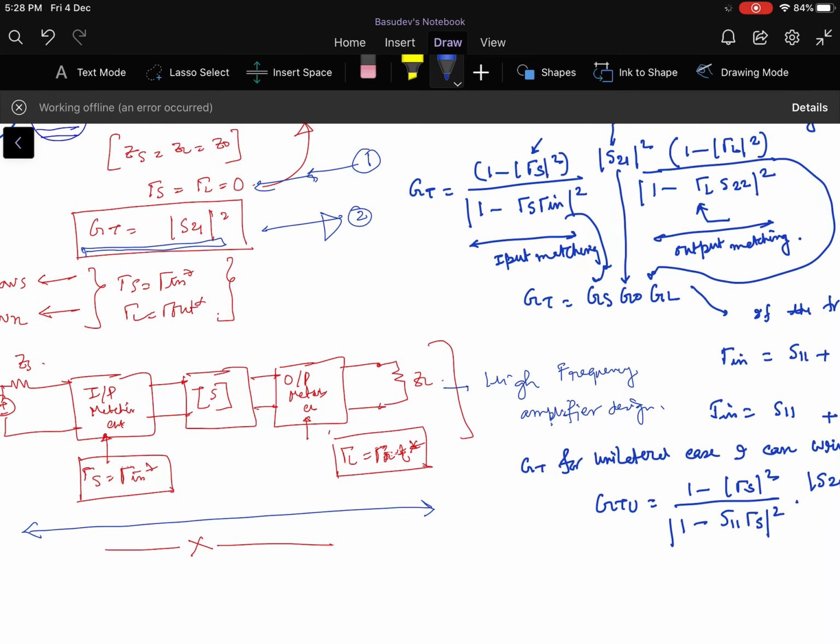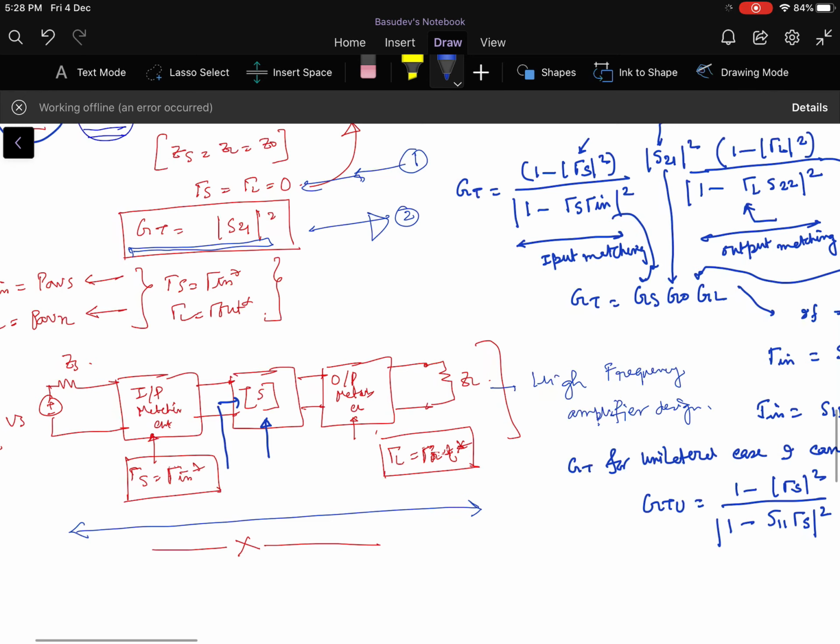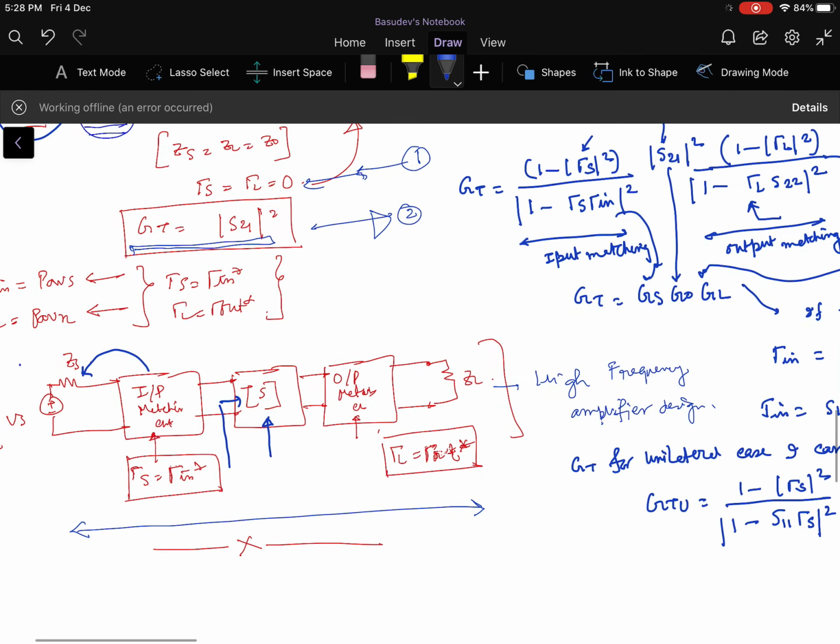So in general, if you design a microwave high frequency amplifier, you have to see, for a case of matching, what is the input impedance, and that input impedance has to be matched with the source impedance, let's say 50 ohm, and for that we need an input matching network to design. In a similar way I have to see what is the output here, and match it with the ZL.